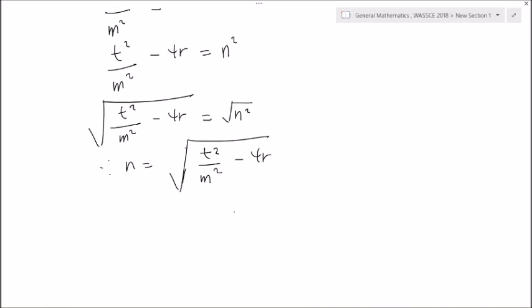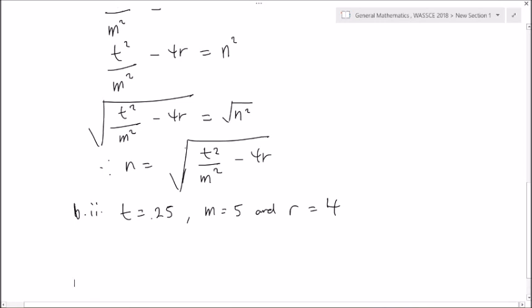So that is B(i), and now B(ii). We are given some values of t, r, and m, and we are to find the value of n given these values. We are given that when t is equal to 25, m is equal to 5, and r is equal to 4, we have to find the value of n.